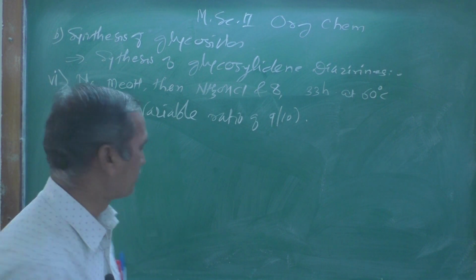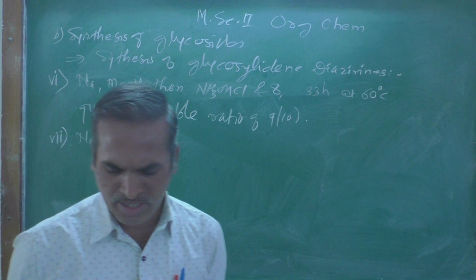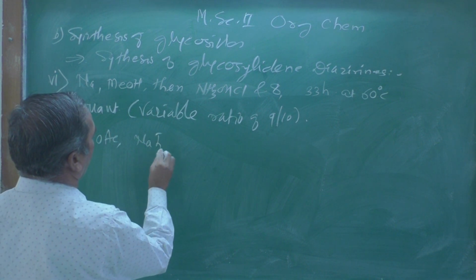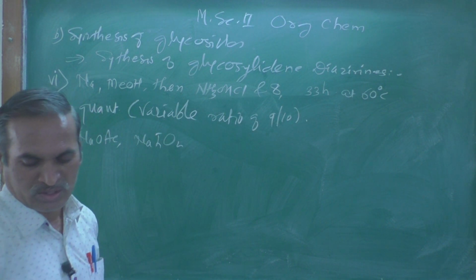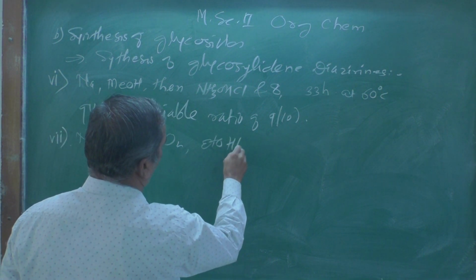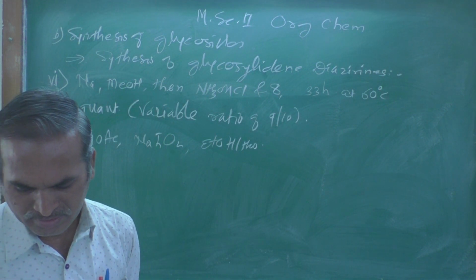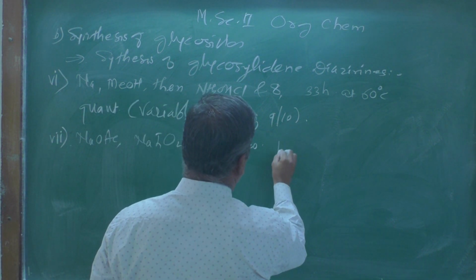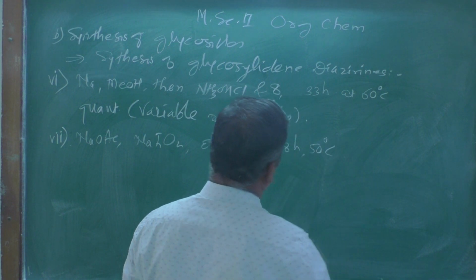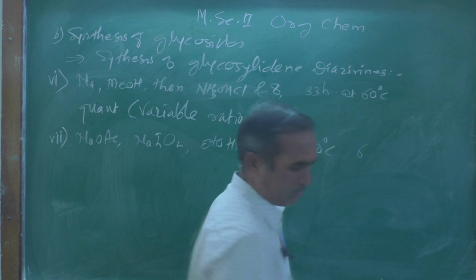The reagent number 7, as usual, NaOAc, that is sodium acetate, and further it will be treated with NaIO4, that is sodium periodate, and the mixture of solvent used is ethanol in the presence of water, and the compound is heated at 15 degrees centigrade for about 18 hours, and the percentage yield is obtained.